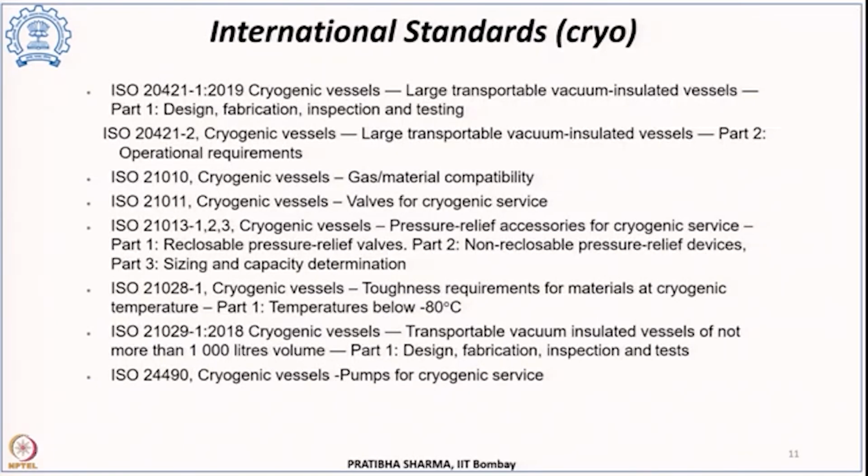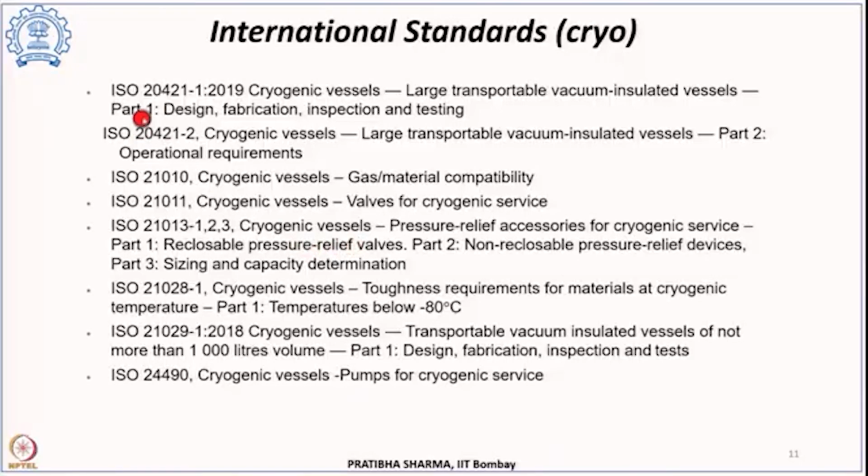There are other standards for cryogenic vessels, ISO 20421, meant for large transportable vacuum insulated vessels, which has a part 1 based on how the design, fabrication, inspection and testing will be carried out for these cryogenic vessels. It has a part 2 which covers the operational requirements.